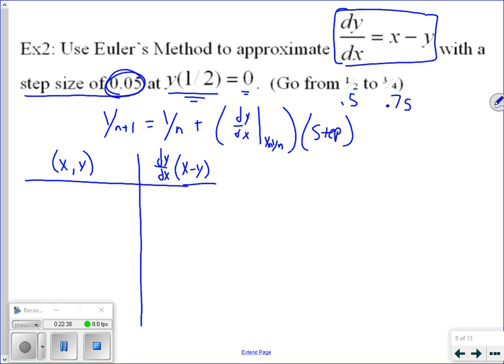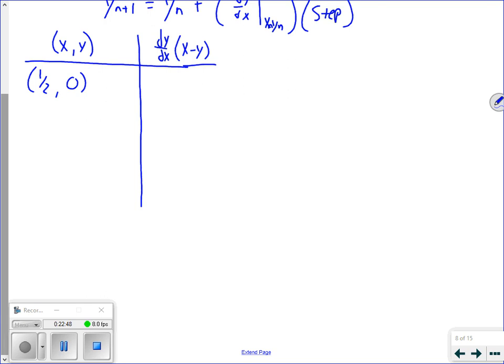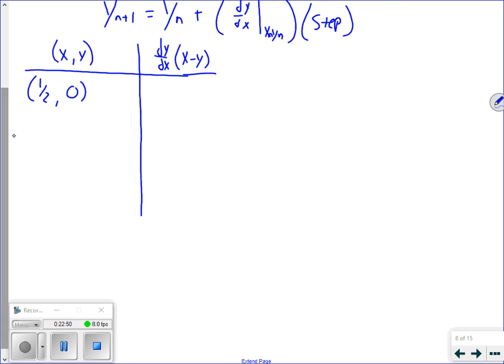Okay. And the point we're starting off at is (1/2, 0). And we know that we're going all the way to 3/4, and we're stepping up by 0.05. So if I got 0.5 as my step, 0.05 plus 0.5 is 0.55.